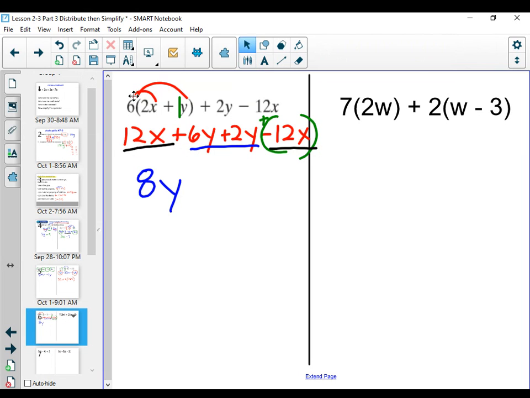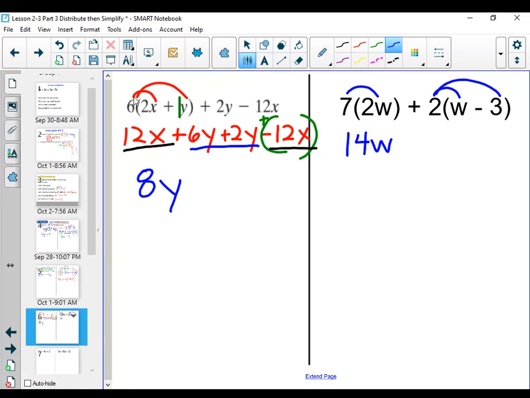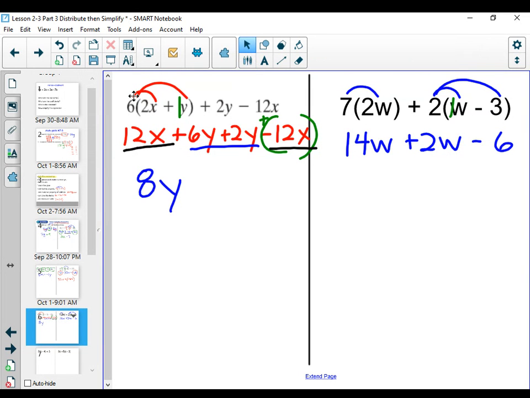On the right, how can I get rid of these parentheses? I know. Distribute. 7 times 2, 14w. 2 times 1, 2w. 2 times 3, 6. 14 walrus can go in the same pond as 2 walrus.